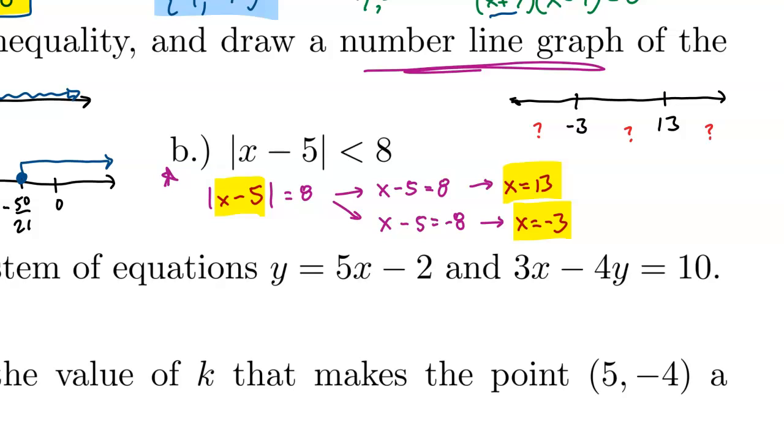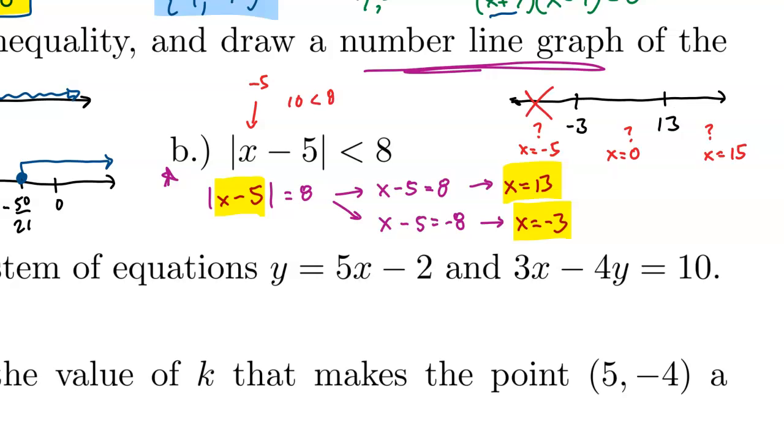One way to think through this is to test each of those regions. I could see, is the statement true when x equals -5 as a representative to that leftmost region, or x equals 0 as a representative to the middle region, or x equals 15 as a representative to the upper rightmost region? Well, if I plug in -5 for x, I get -10. The absolute value turns that into +10, and 10 is not less than 8.